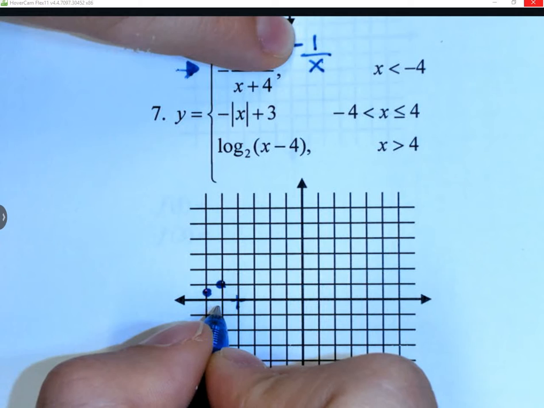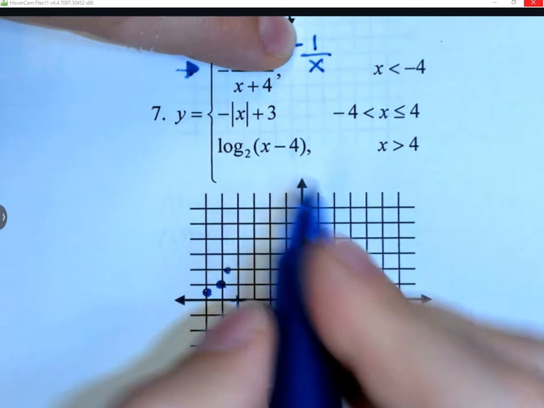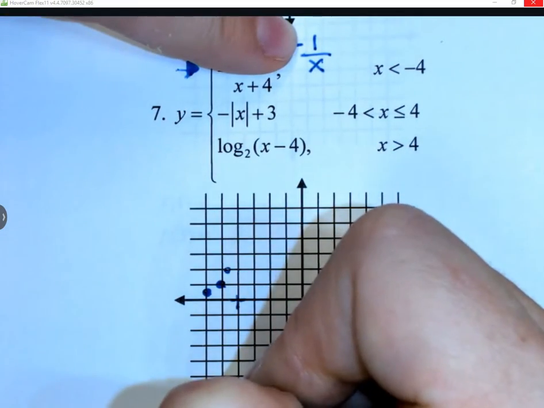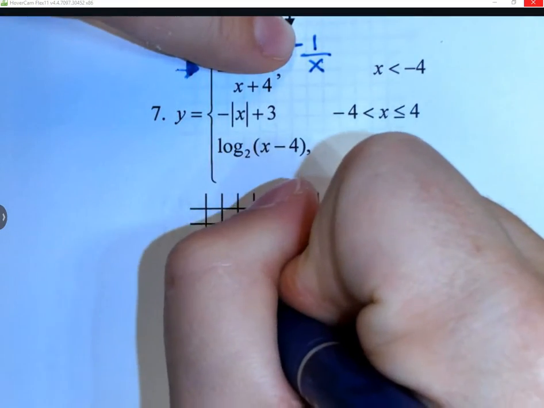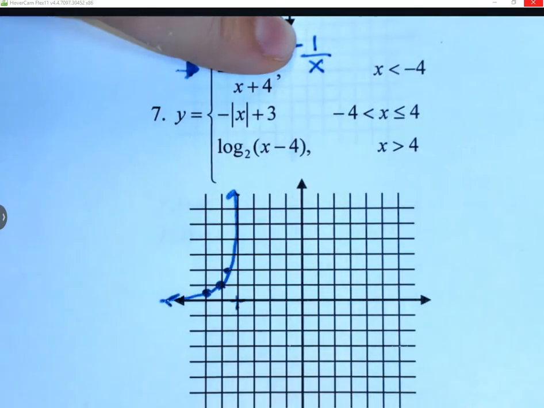First off, negative divided by negative is a positive, so 1 divided by 1/2. 2. To divide by a fraction is to multiply by the reciprocal. So it just goes here. And then am I ever going to be able to divide -1 by 0? Nope. So that means that's going to be my asymptote. And it just goes like that.